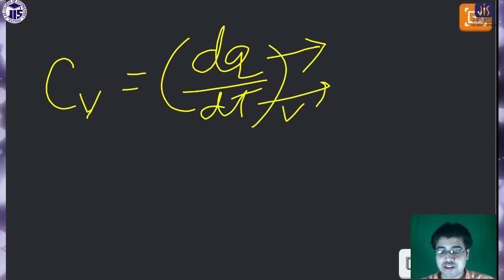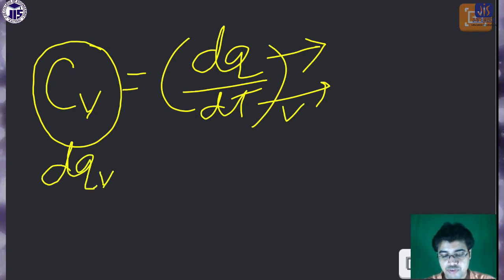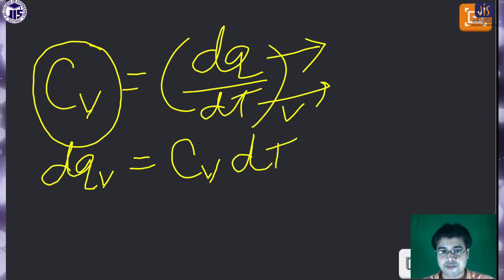So Cv, the molar heat capacity at constant volume, equals dq by dt. From there, I can write dqv equals Cv dt, isn't it?